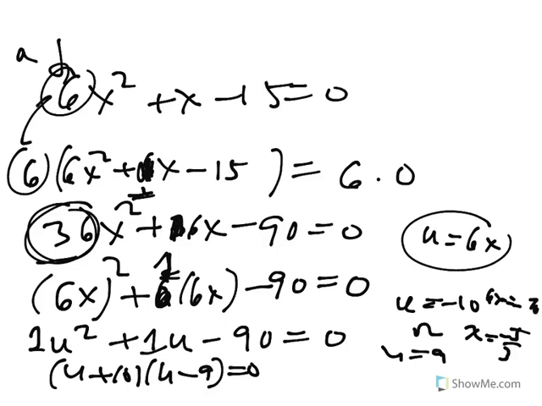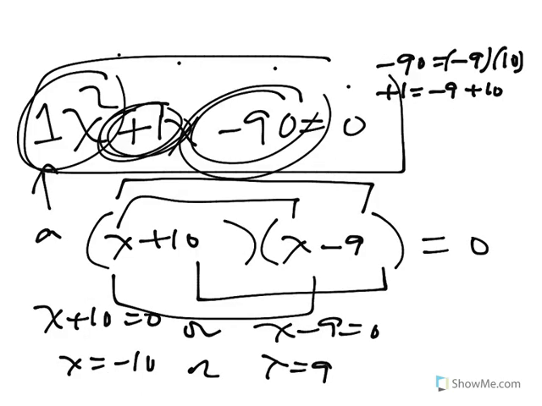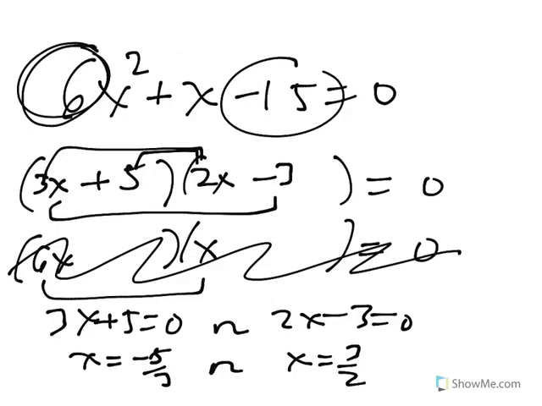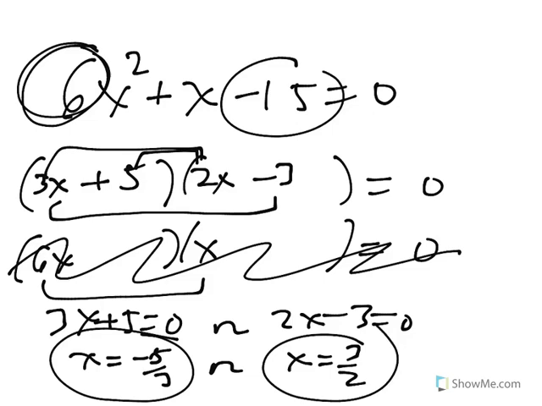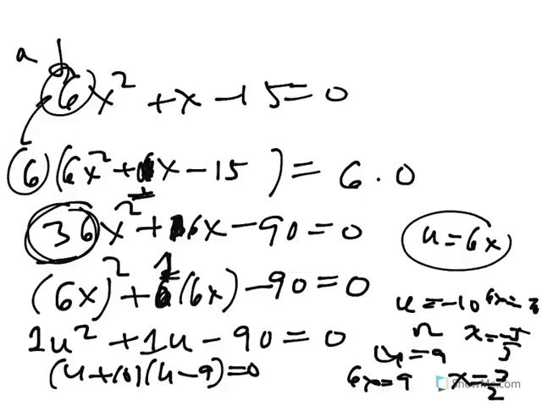And here, this u is 6x also, so 6x equals 9, or x is equal to 9 over 6, which is 3 over 2. And those are the same answers that we get over here. But it's a method of converting an equation that does not have a 1 over here into one that does.